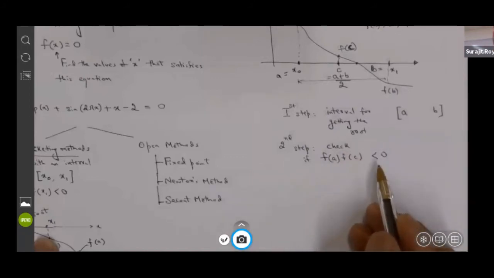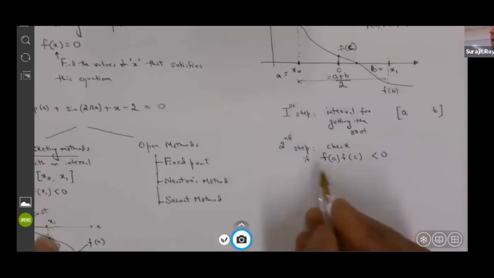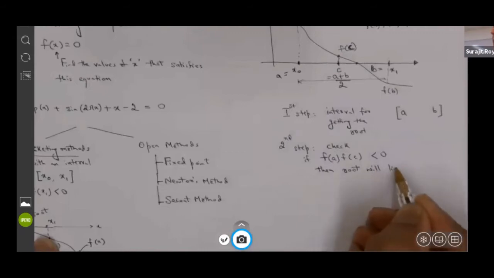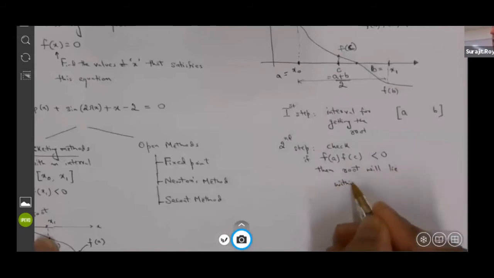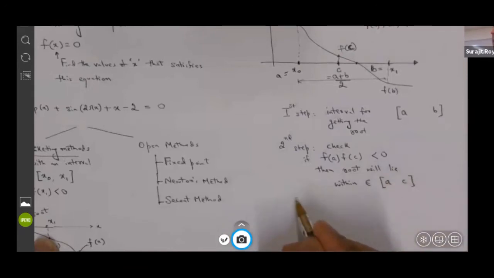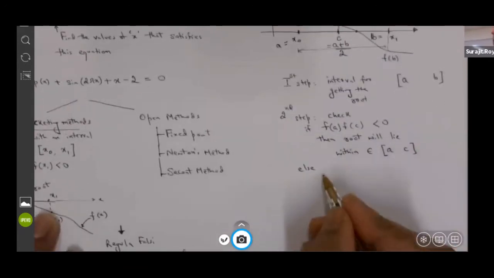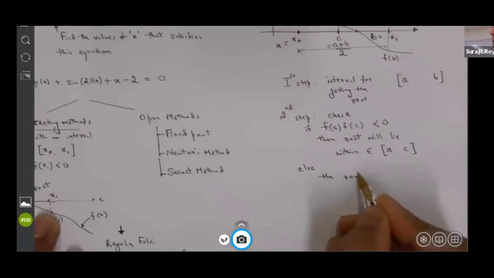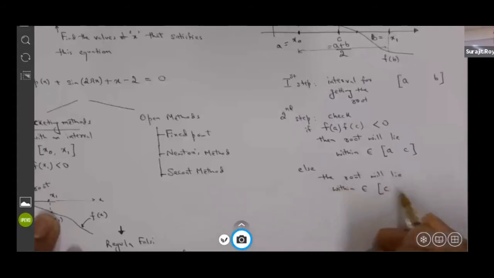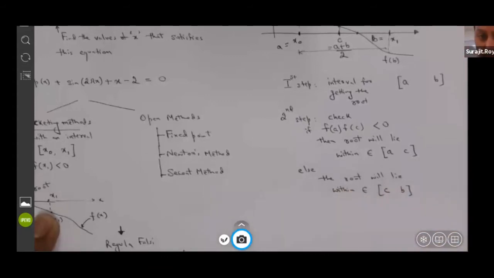If it is less than 0, then the root will lie within A and C. Else, the root will lie within C and B. Does that make sense?